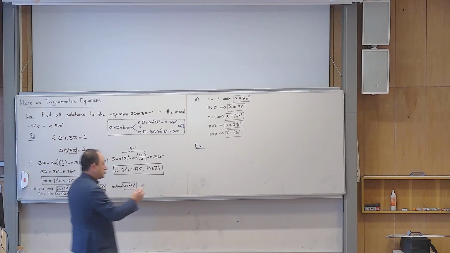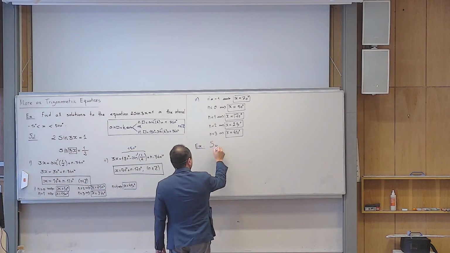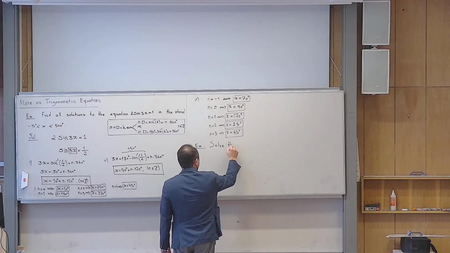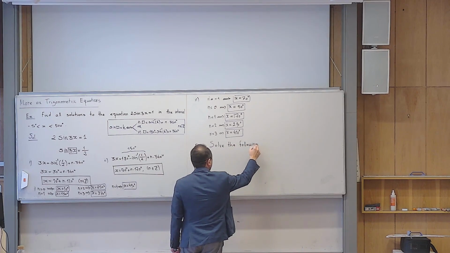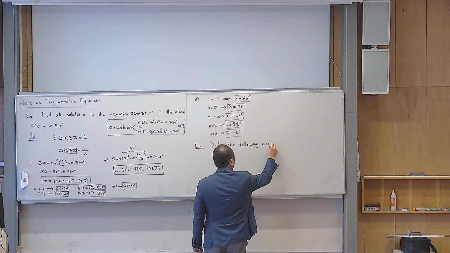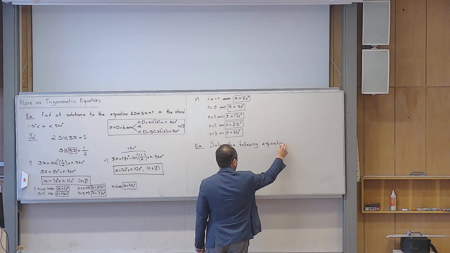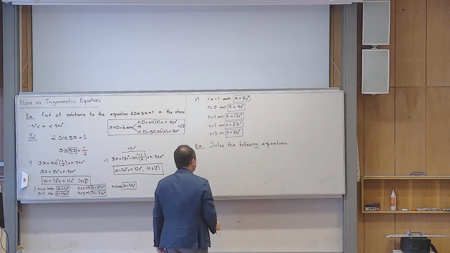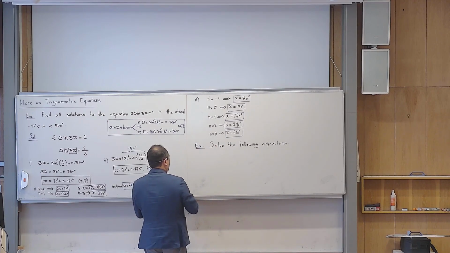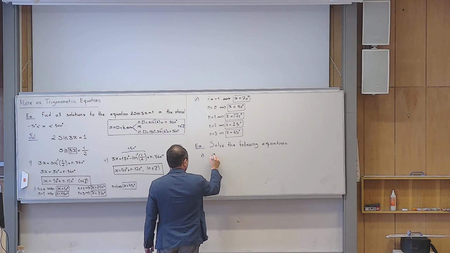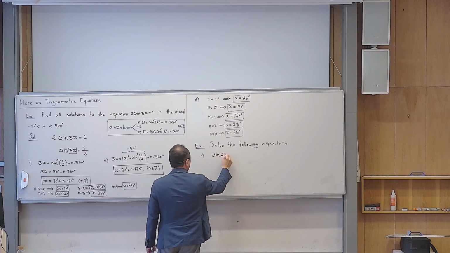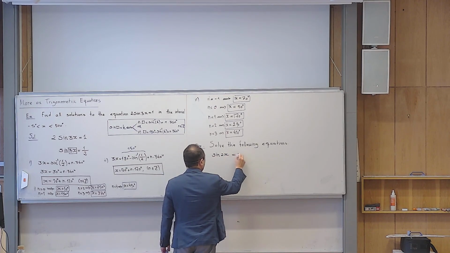Let me write: solve the following equations. Okay, so let me write number one: sine 2x is equal to cosine x.